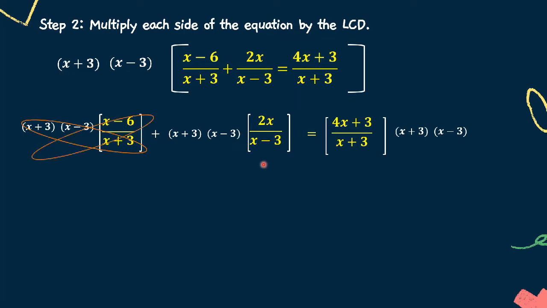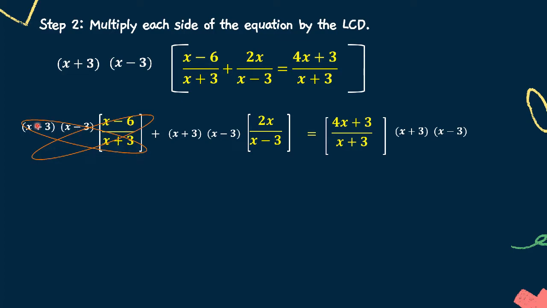To simplify, we have here the butterfly method. You have to simply crisscross, or draw butterfly wings, or simply draw a line crossing in an X form.